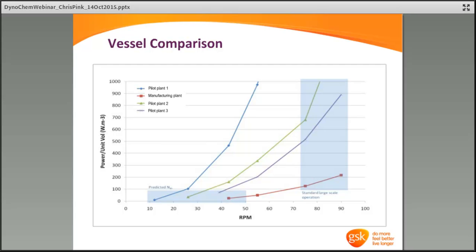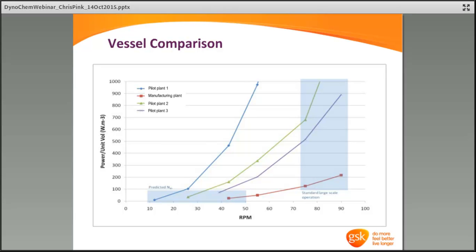But what we see here, in the box on the left, is the power per unit volumes that we predicted for the various geometries at small scale that would give you a just dispersed system. These are really low agitation rates, and I wouldn't advise our plants running that low.